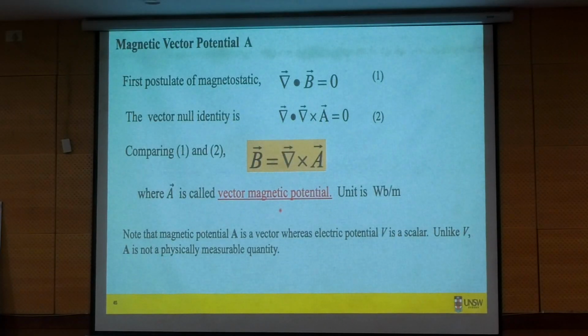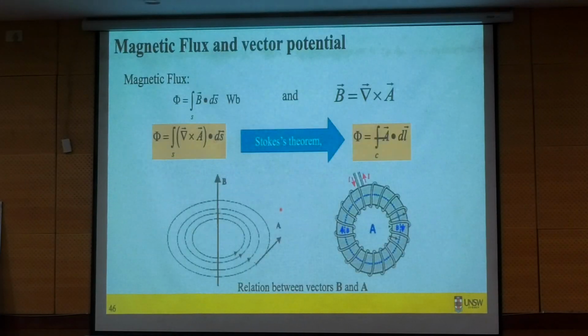B, the flux density, can be expressed as the curl of the magnetic vector potential, and if we know it, we can directly find the flux. So flux is like current, and magnetic potential is like voltage for magnetic circuits.